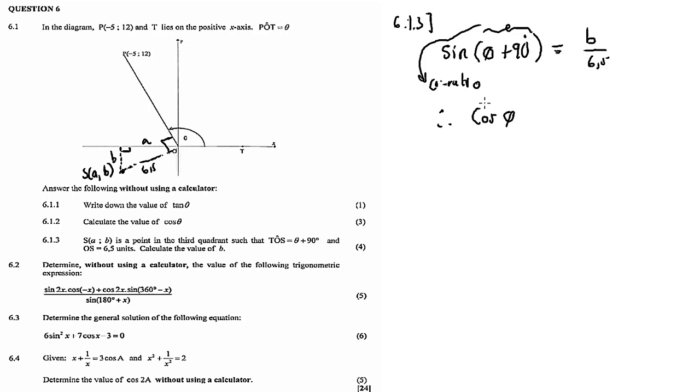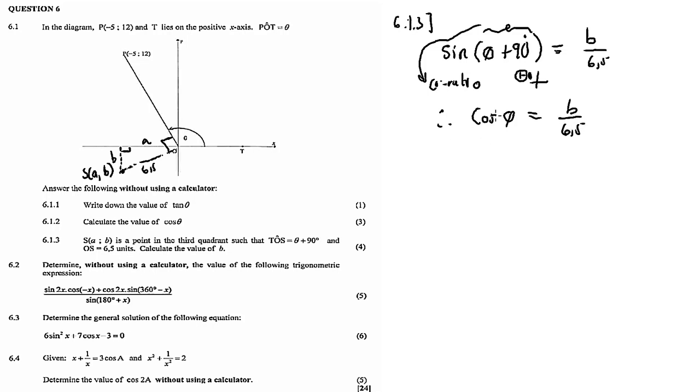The co-ratio for sine is cos. And then 90 degrees plus theta falls in which quadrant? The second quadrant, and in the second quadrant for co-ratios, cos is positive, so that's why our answer is positive.